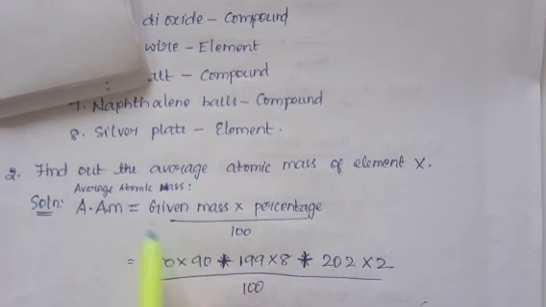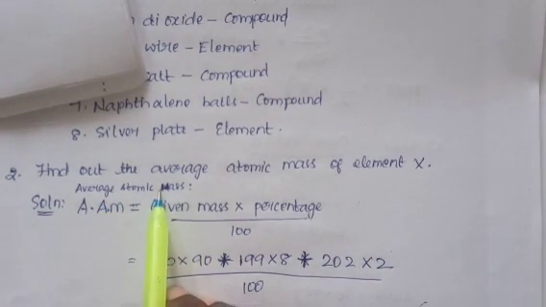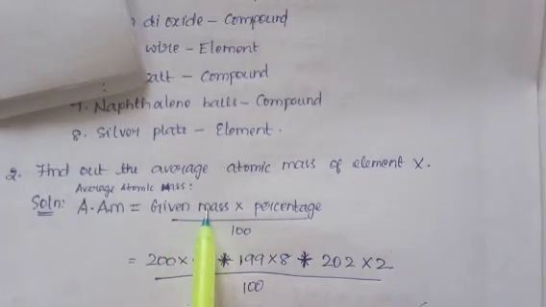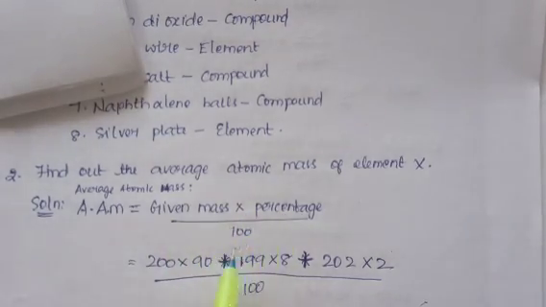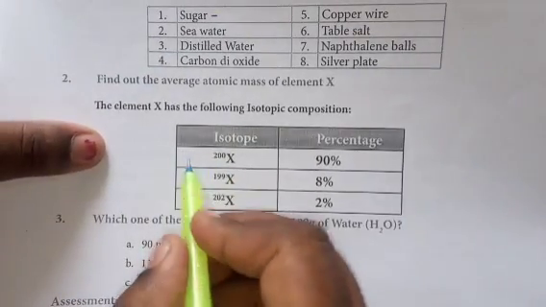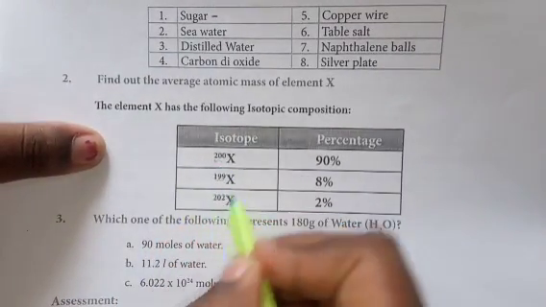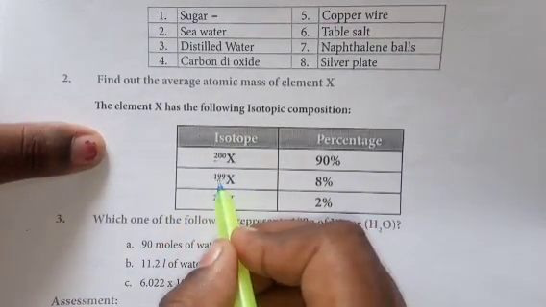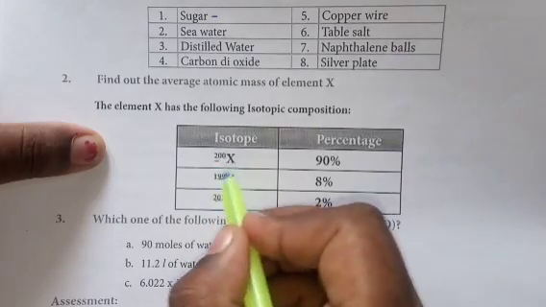For finding the average atomic mass, we have the formula: given mass into percentage by 100. Here these are the masses, 200, 199, 202, given for the element X.